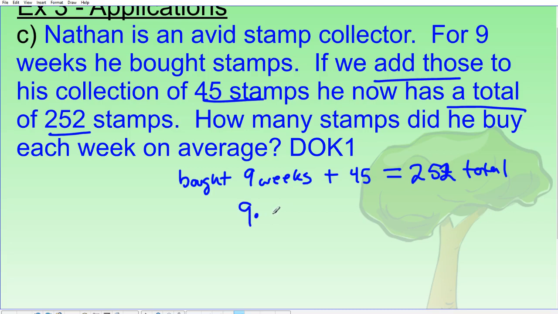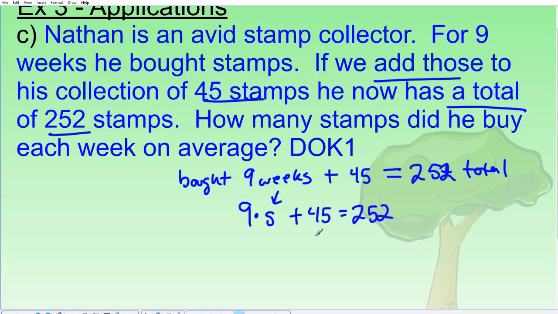I guess I'll use an S for stamps. Be careful using S because they kind of look like 5s, at least mine do. So each week he bought stamps for 9 weeks, plus those 45 he already had. Now he has 252. So how many stamps did he get each week? I don't know.